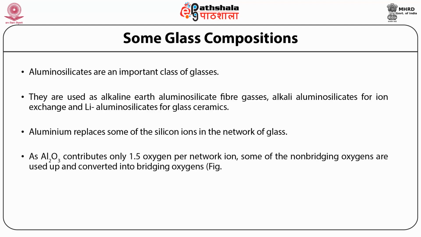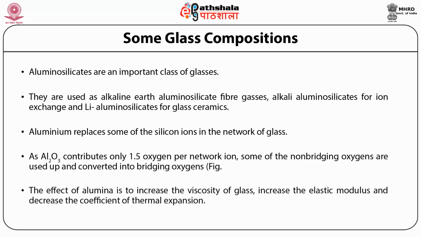As Al2O3 contributes only 1.5 oxygen per network ion, some of the non-bridging oxygens are used up and converted into bridging. The effect of alumina is to increase the viscosity of glass, to increase the elastic modulus and to decrease the coefficient of thermal expansion.